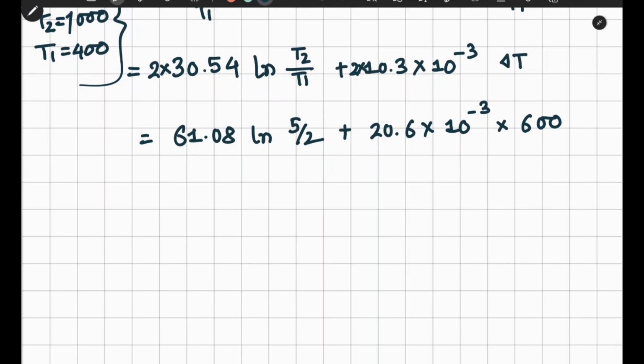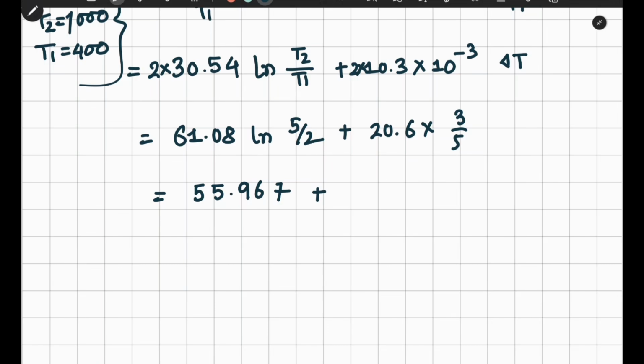Eventually it will be 600 by 1000, so 6 by 10 means 3 by 5. So the first term, 61.08 ln 5 by 2, gives us 55.967 plus these things.